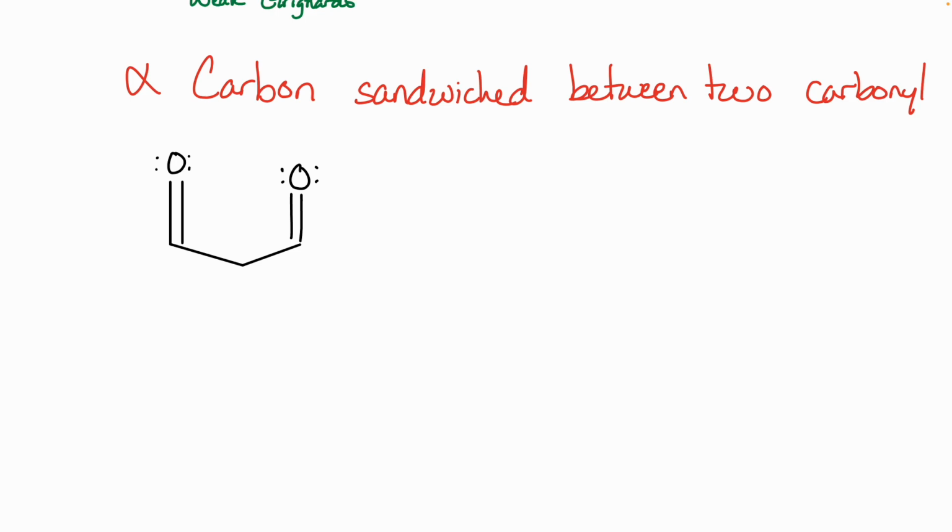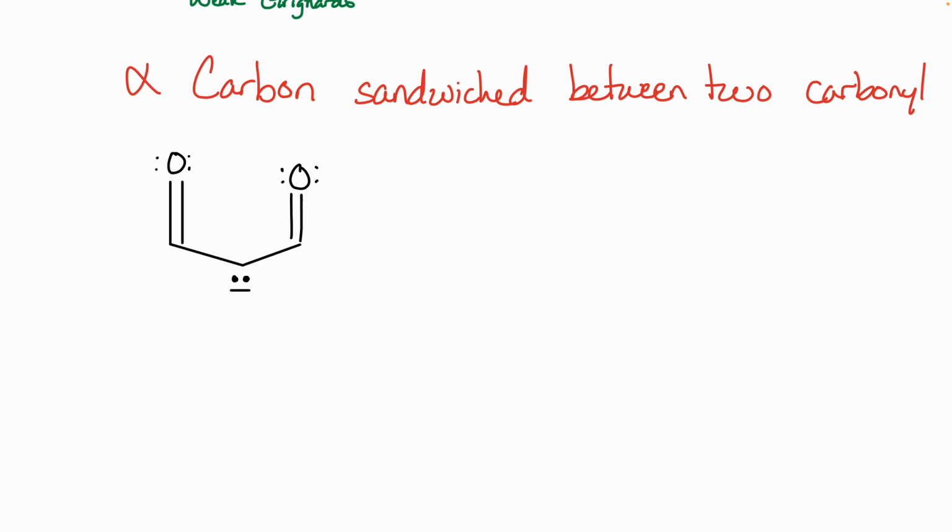All right, if this alpha carbon gets deprotonated, that negative charge is now stabilized, not by just one, but two carbonyl groups on either side, right? So this is a particularly stable enolate ion right here, right? That negative charge is stabilized even more than a regular aldehyde or ketone.